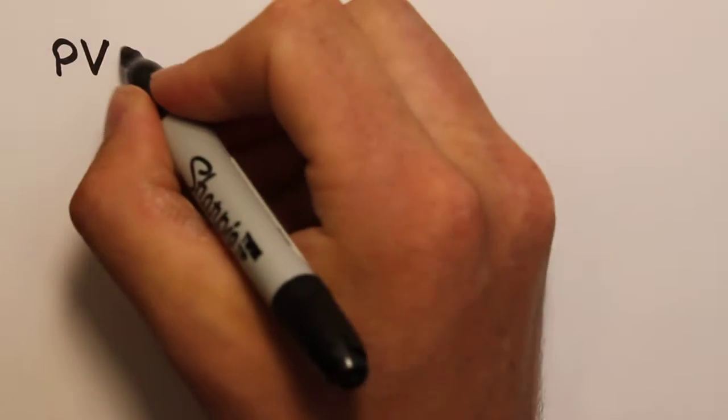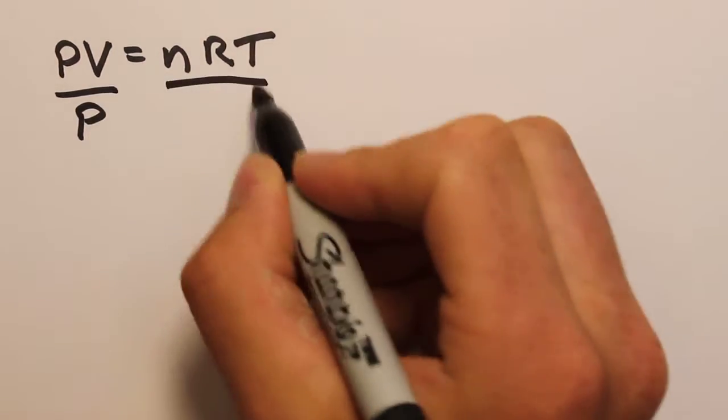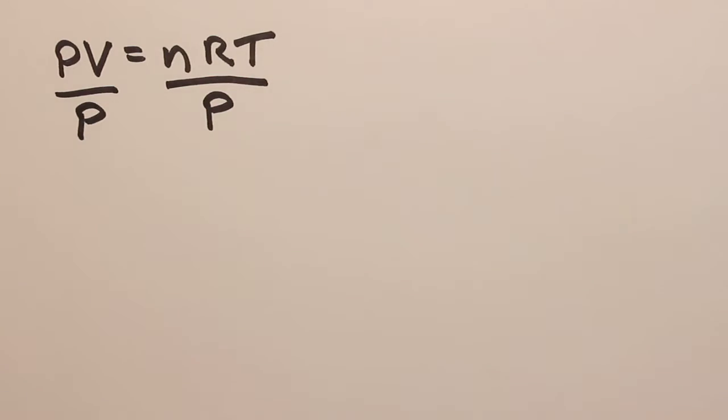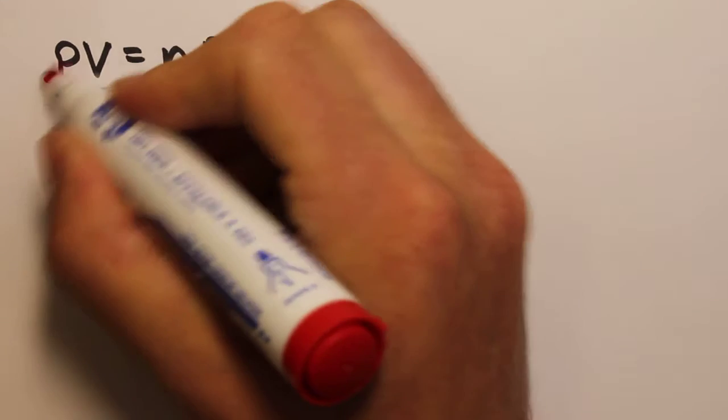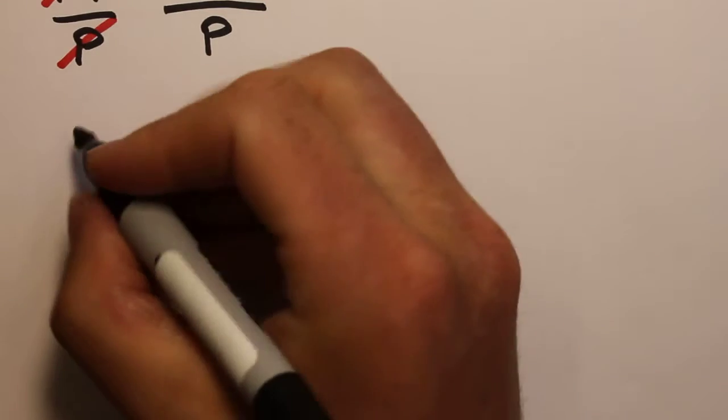So we've got PV is equal to nRT. Volume is our question mark, so we're going to rearrange this equation for volume. We're going to divide both sides by P, our pressure. We can see that our pressure on the left hand side is going to cancel out, and we're going to be left with just volume.